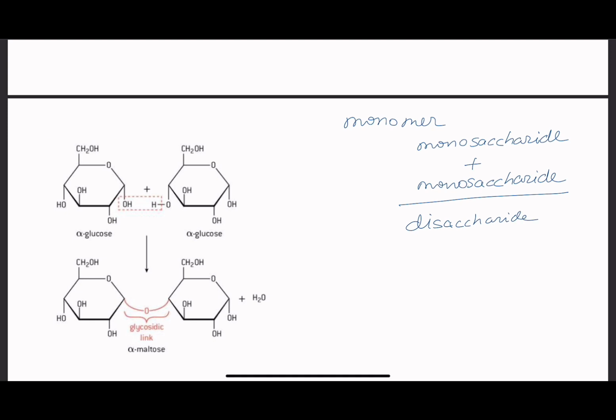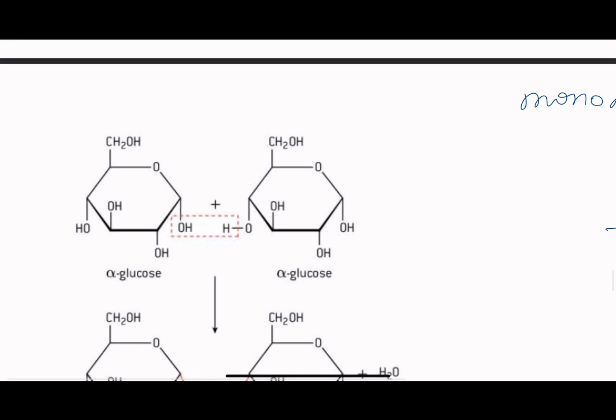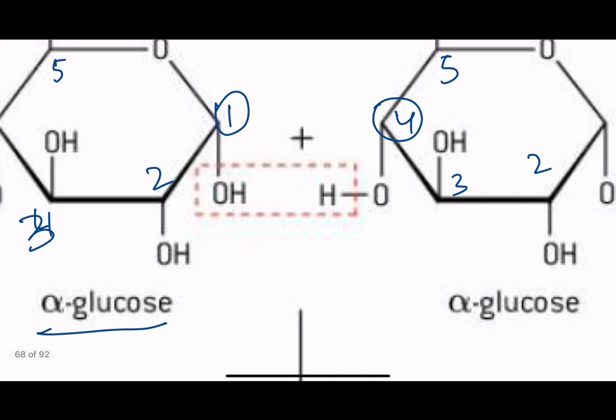Now that disaccharide, it happens like this. So if you would recognize, this is your glucose. We know that this is the last carbon, 6, and this is 5, 4, 3, 2, 1. So the first carbon connects with the fourth carbon. When you bring them together, they both have OHs, right?